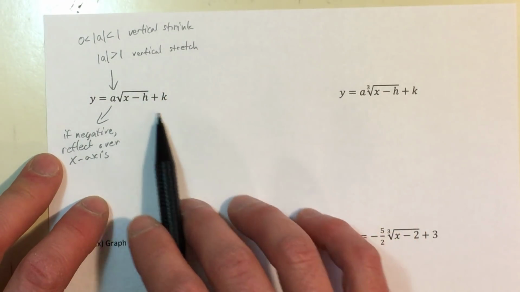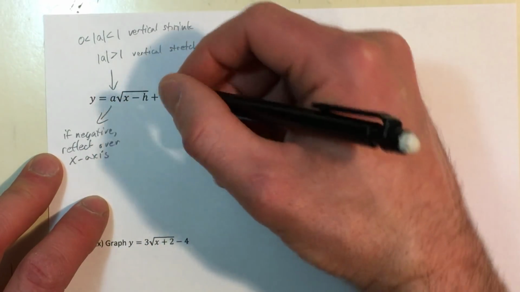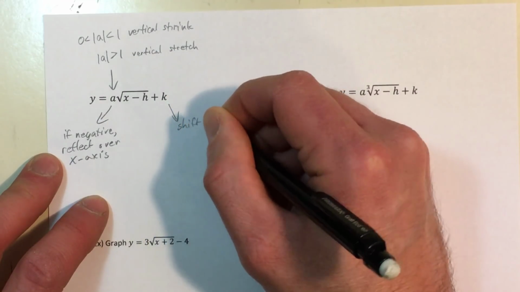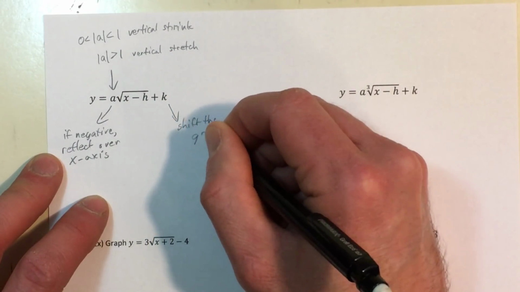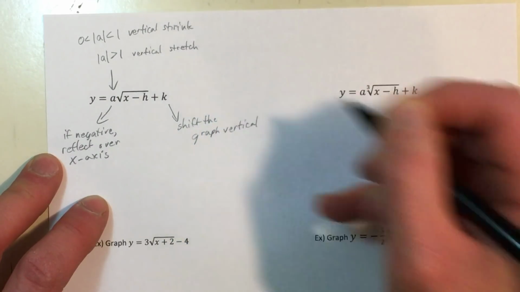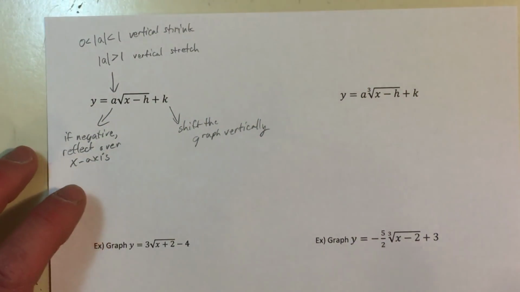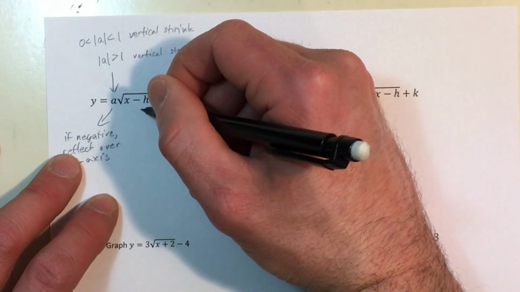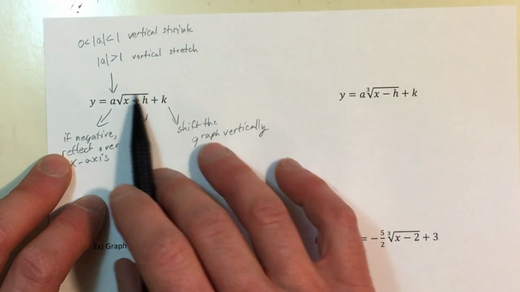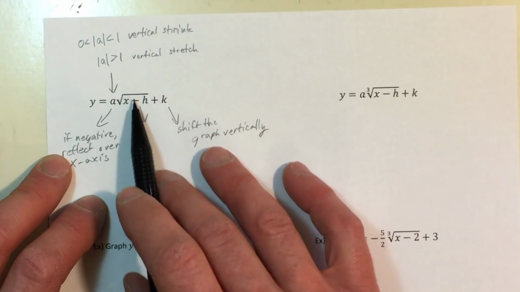The plus k is the most intuitive one. If you're adding k at the end there, that's going to shift the graph vertically. It's going to be an up-down shift. And then the most intriguing one that we've explored in the past is inside the operation, whether it be an absolute value, a squared, a square root in this case.